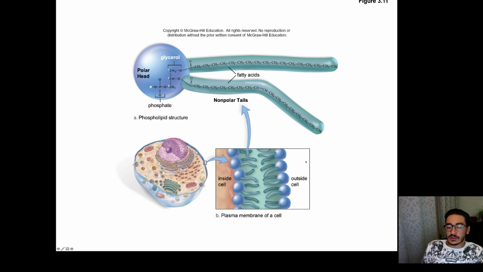So many different substances can go much easier through the cell membrane, because those tails make spaces between, and many different substances, like vitamins and different stuff, can go along much easier.